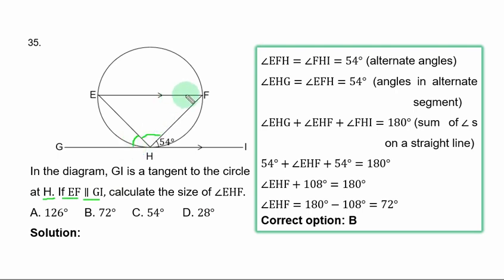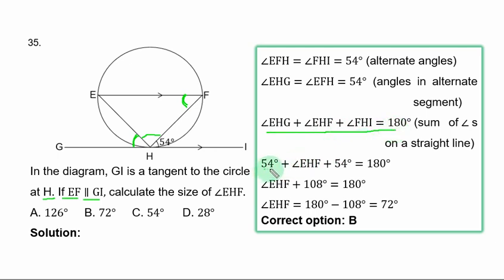Now this angle is 54 degrees, alternate angles. This angle also is equal to this angle, 54 degrees, angles in the same segment. So on the straight line, if you add the 3 angles, the sum is 180 degrees.